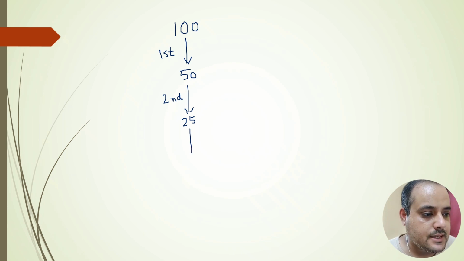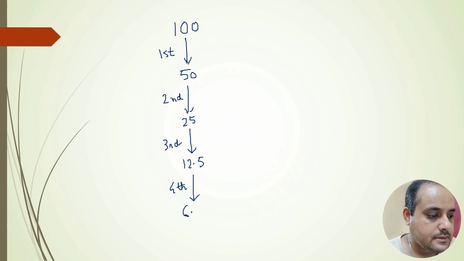In the third T half I am going to lose 50% of 25 molecules now, and I will be left with 12.5 molecules. In the fourth T half I am going to lose 50% of 12.5 molecules now, which means I will be left with 6.25 molecules.